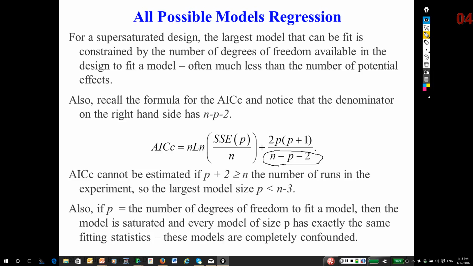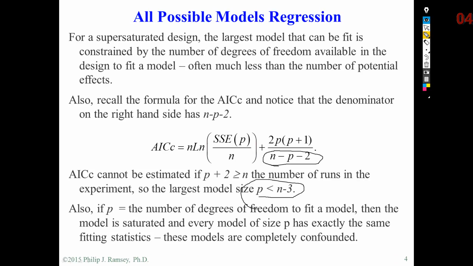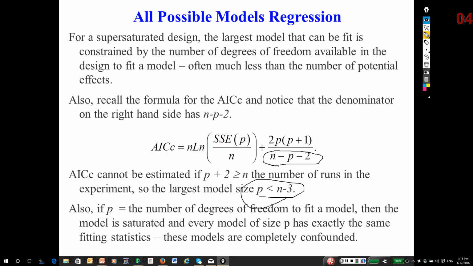So it turns out that the biggest model you can define has to be greater than or equal to n. Another way to put it is p must be less than n minus 3. So this is a constraint on our ability to estimate the AIC.